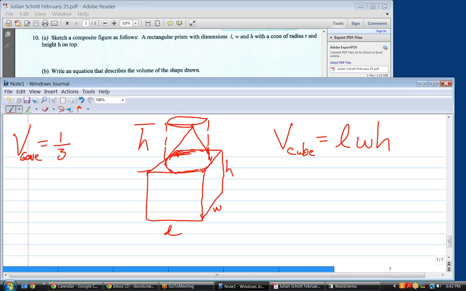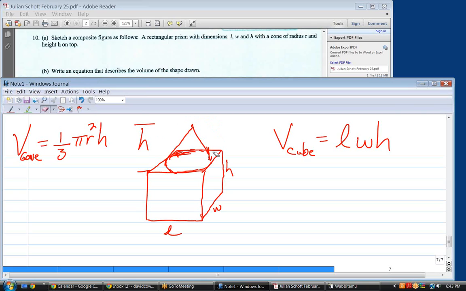Well, you lose 2/3 of it when you shave it to a point. So what's left is 1/3 of the volume of the cylinder that would have been there. So the volume of the cone is 1/3 pi r squared times h. Let me erase the cylinder. That's just an easy way to memorize it.